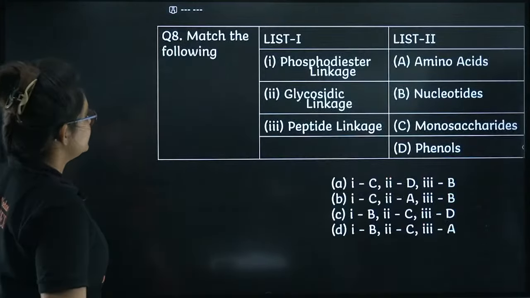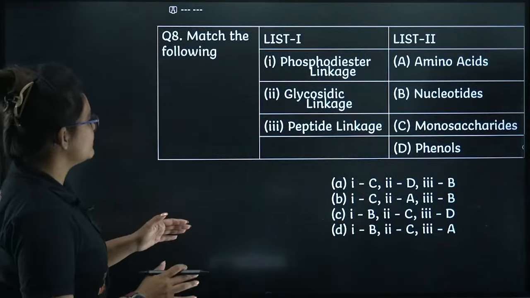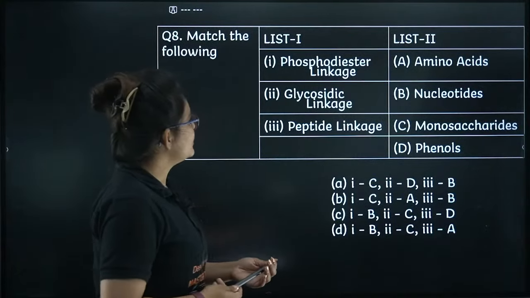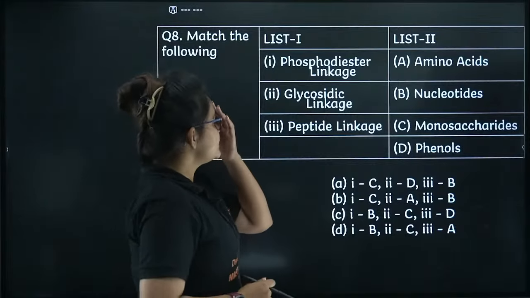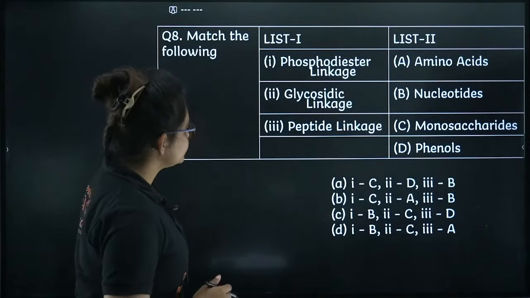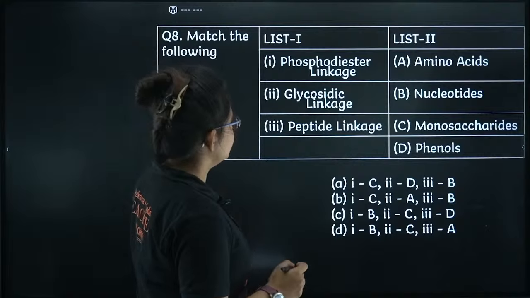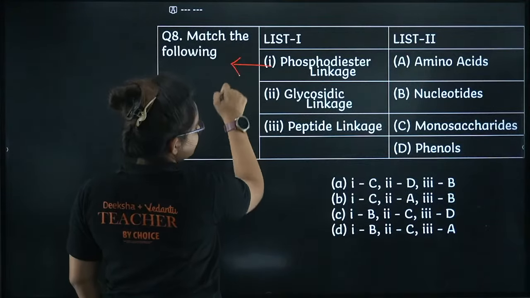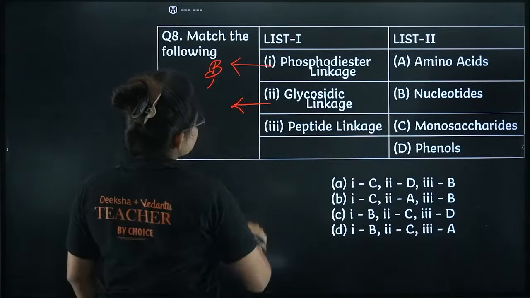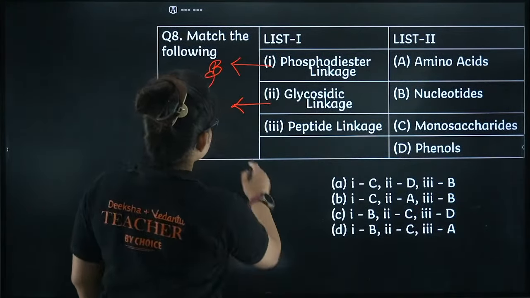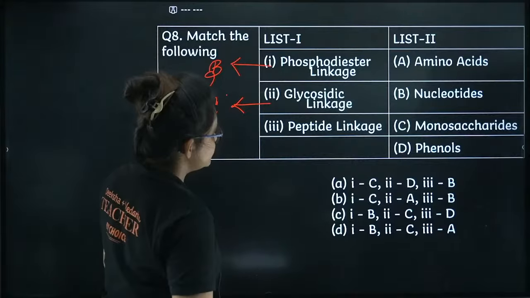Let's proceed here. Okay, again a match the following type of question. Phosphodiester linkage, glycosidic linkage, peptide linkage. Okay, so the first one: phosphodiester linkage, that we see in nucleotides, right? Next, the glycosidic linkage, we can see it in the monosaccharides.